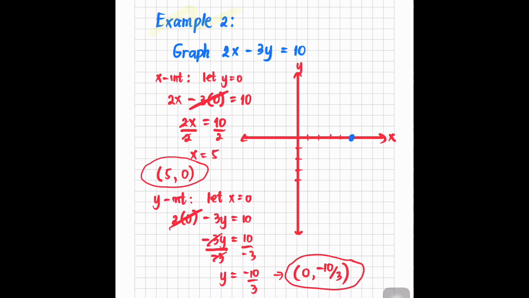Negative 3.33 is somewhere around here. So that is the graph of the given equation 2x minus 3y equals 10 using the intercepts.